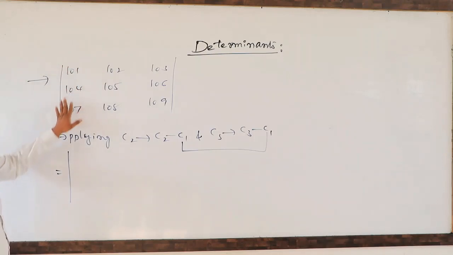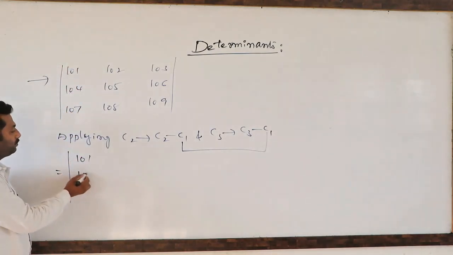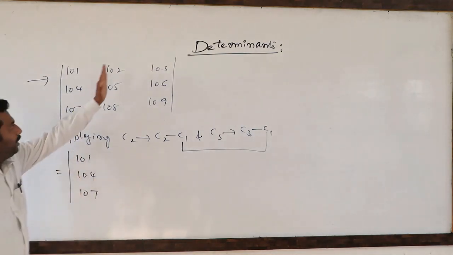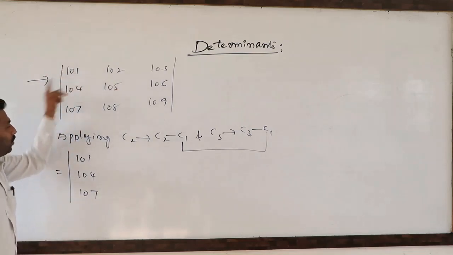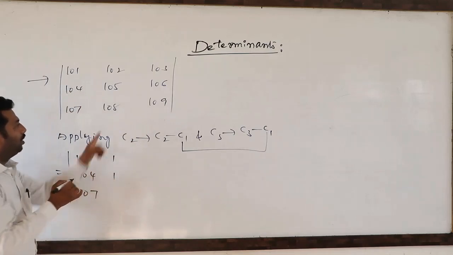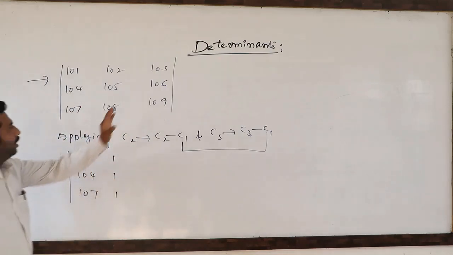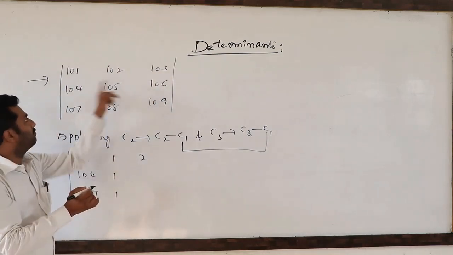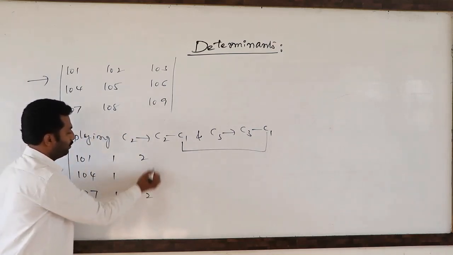Now no changes in first column elements: 101, 104, 107. C2 minus corresponding elements of C1: 102 minus 101, 105 minus 104, 108 minus 107. Clear? And 103 minus 102, 106 minus 104, 109 minus 107.